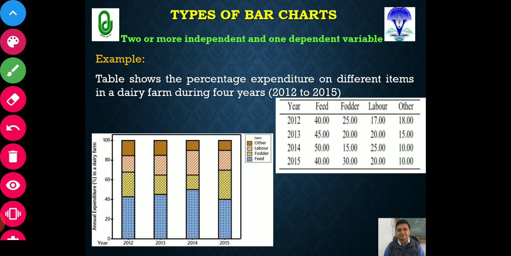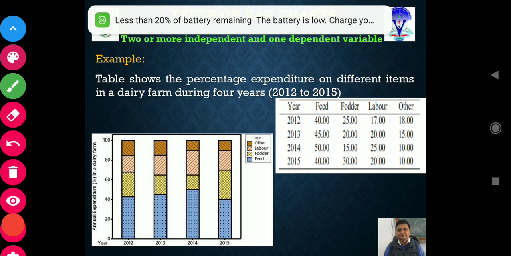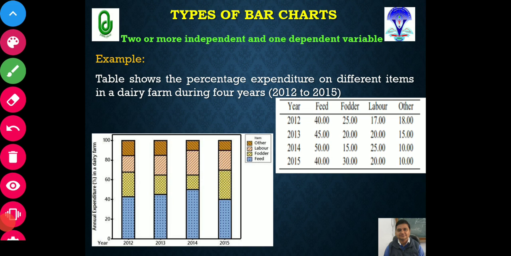Today we have already seen the different types of bar chart, bar diagram, line diagram, and the basics of the visual representation of data. In the next class, we will see other different types of visual representation of data. Thank you.